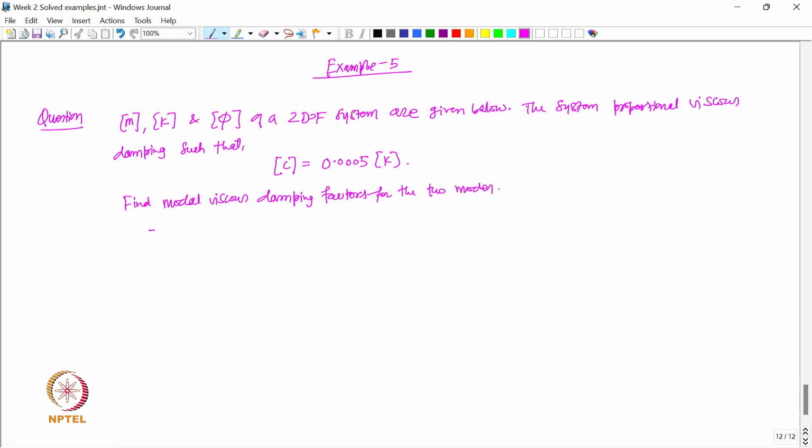The mass matrix is 4 0 0 1 and the stiffness matrix is given as 12 0 0 0 and then you have minus 30.